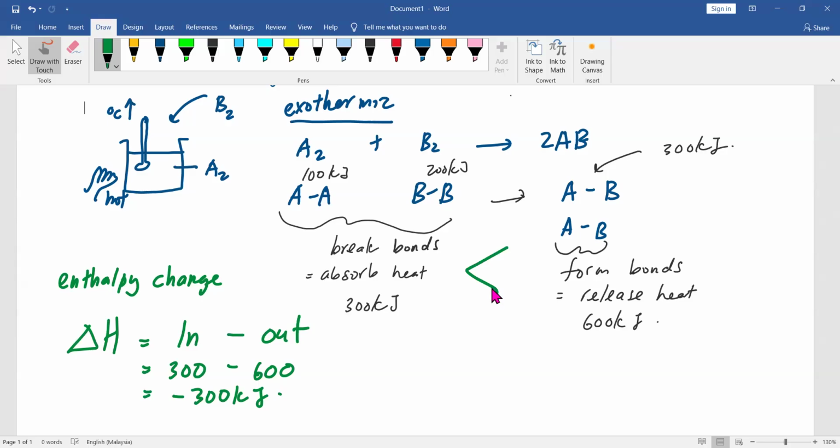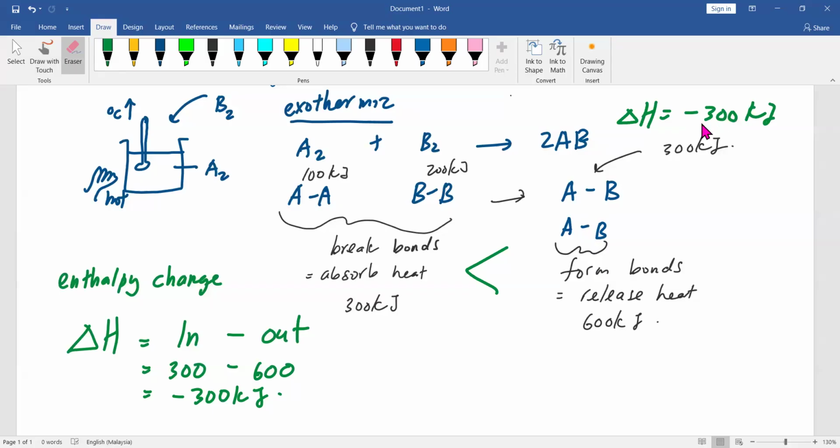That's it. That's your definition for exothermic. If they show you one equation and they ask you, how do you know this is exothermic? In the end, they will show you enthalpy change equals negative 300 kilojoules. So when you see the negative, you know it is an exothermic reaction.